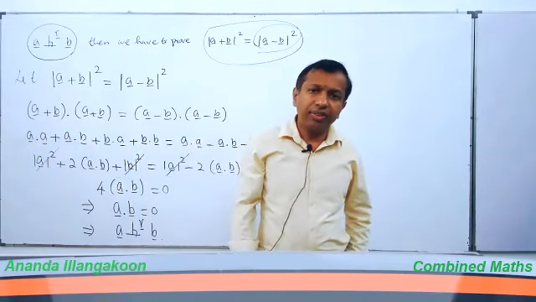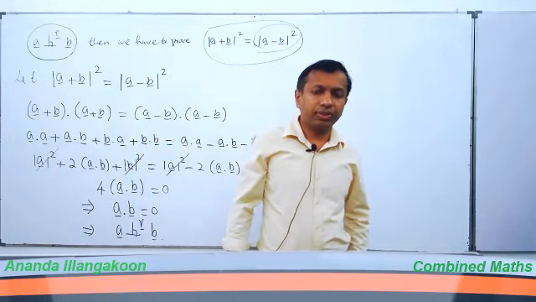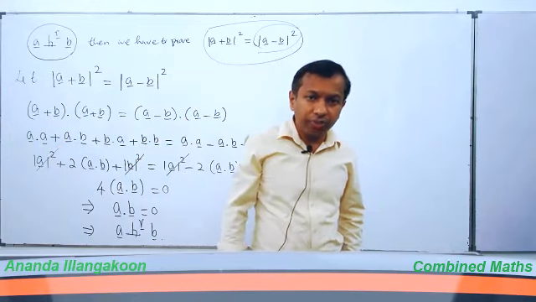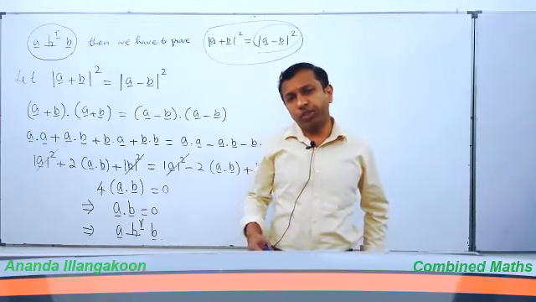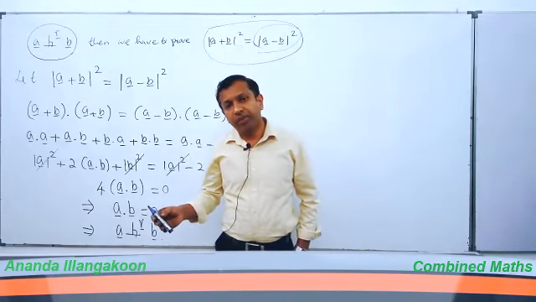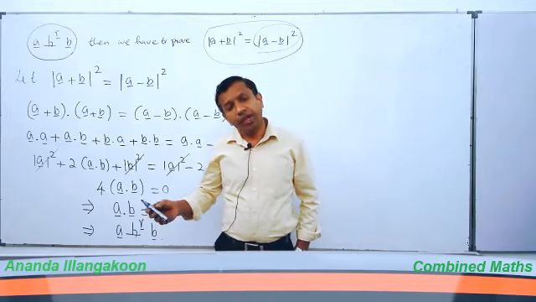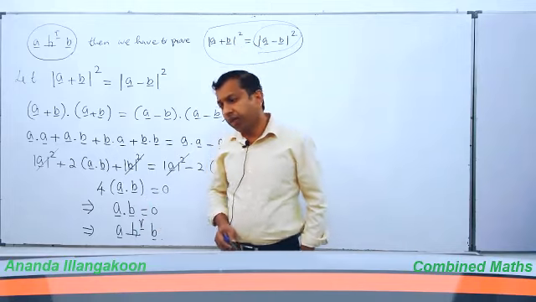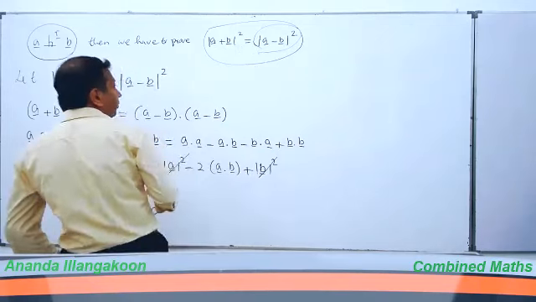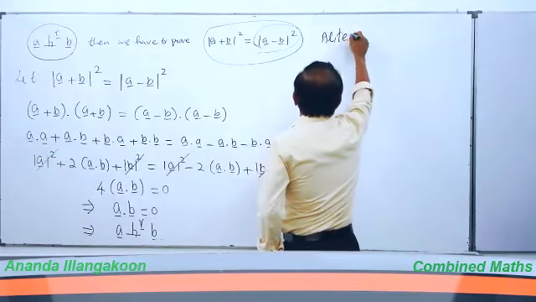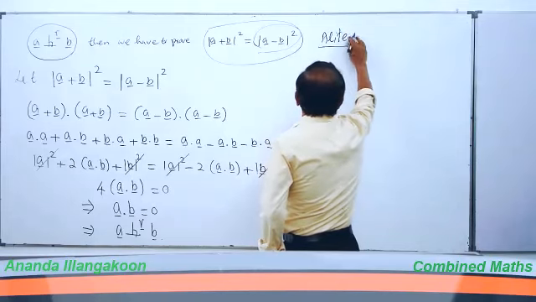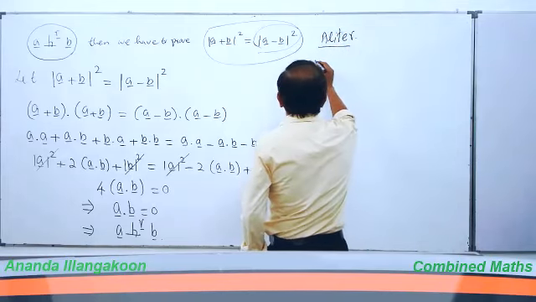This is how we take this answer. Or else, people, the other way is also possible to use. Taking A dot B as 0 means A vector is perpendicular to B vector, no? The other method, you can write like this.